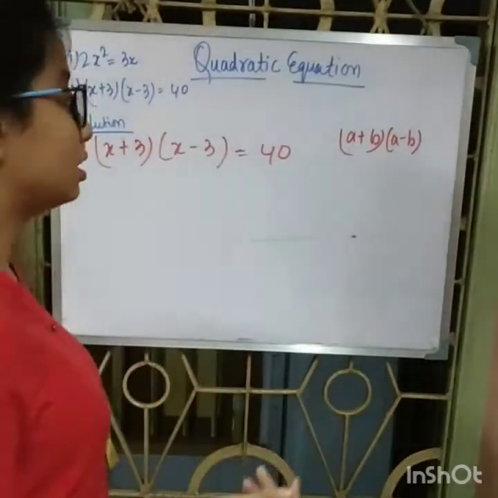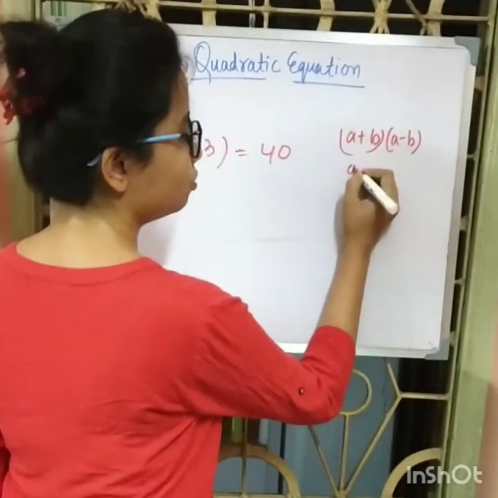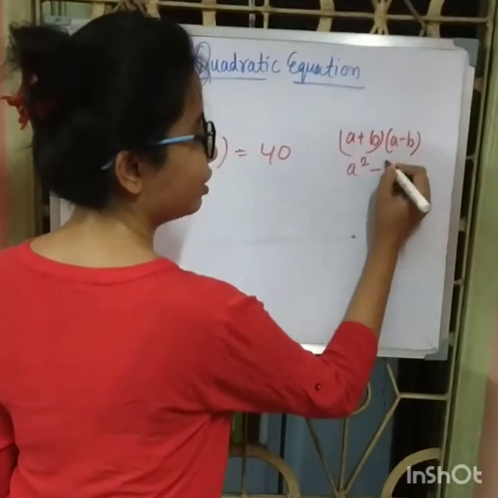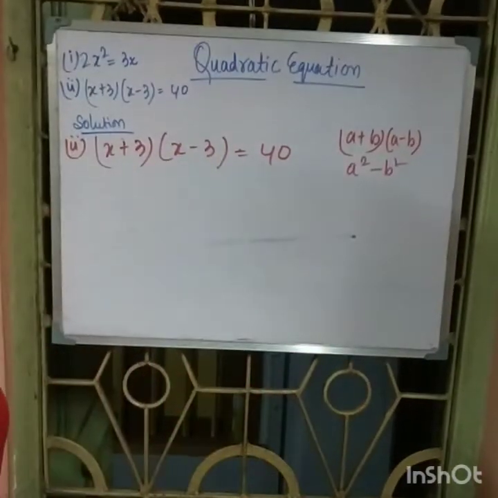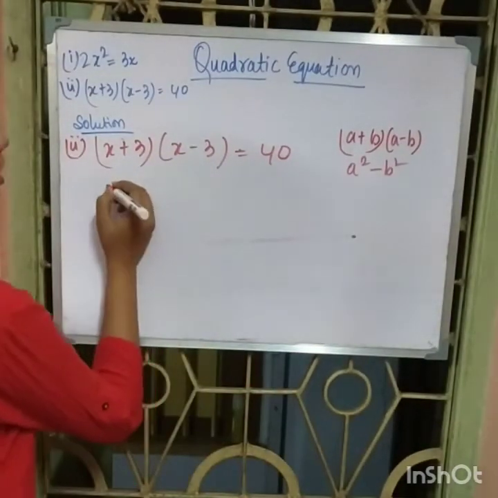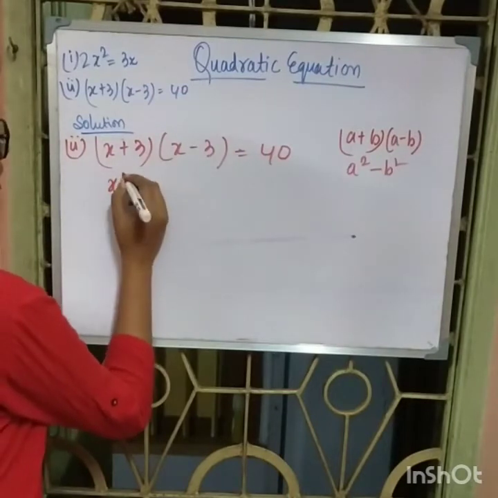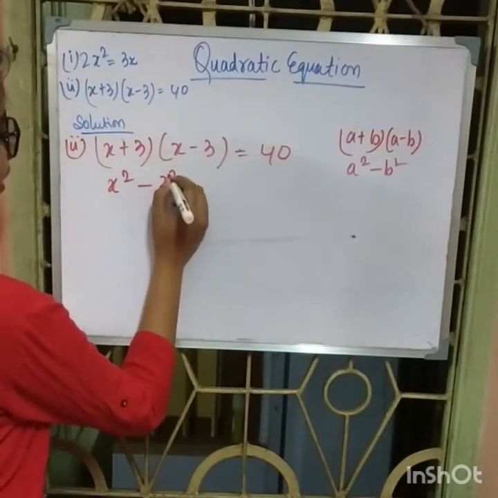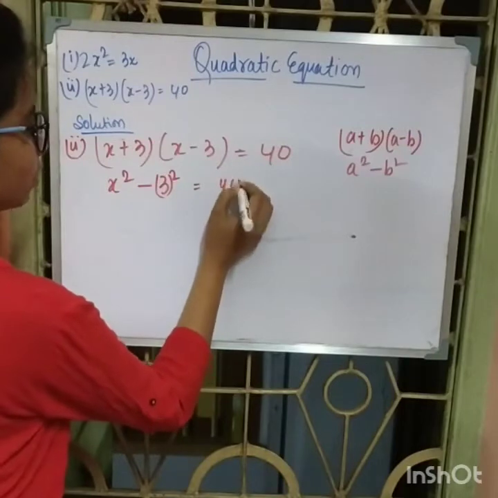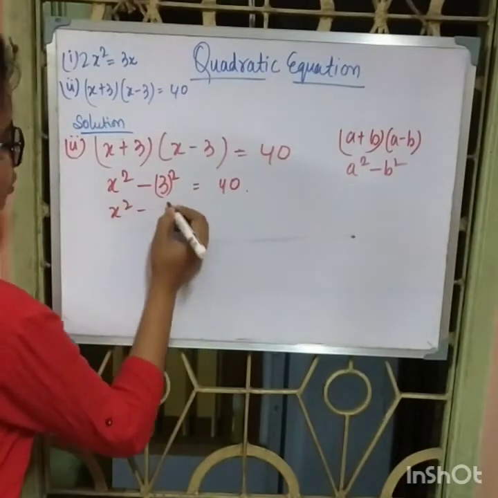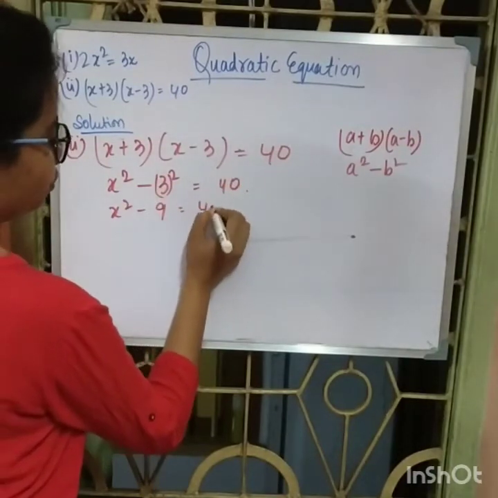We know the formula. a plus b into a minus b leads to a square minus b square. So we can write it directly, or you can multiply whatever you want. So we can write x square minus 3 square is equal to 40, or x square minus 9 is equal to 40, right?